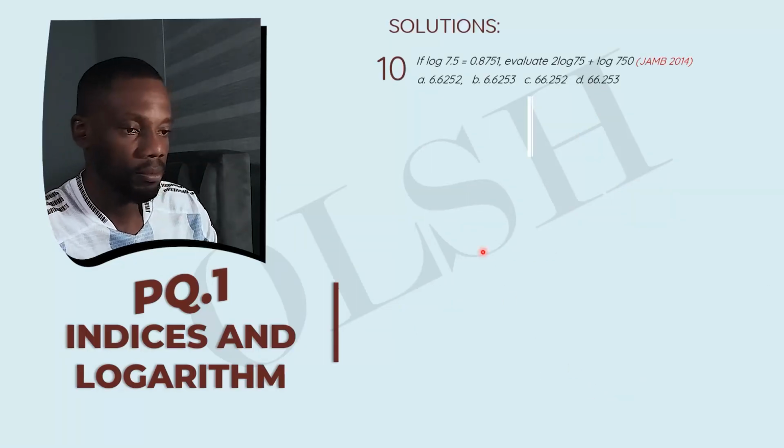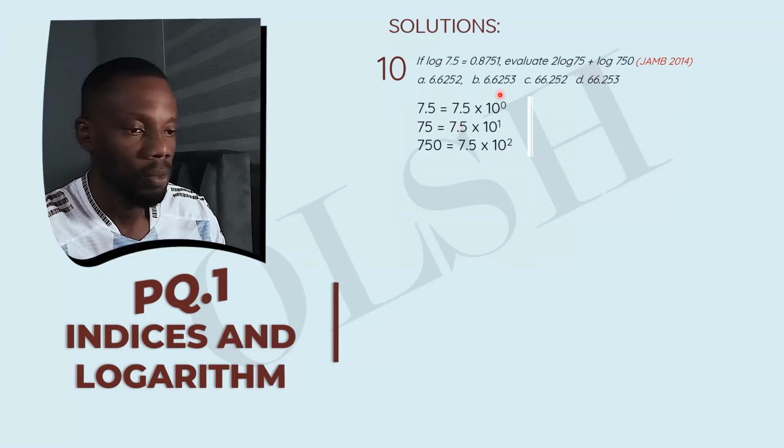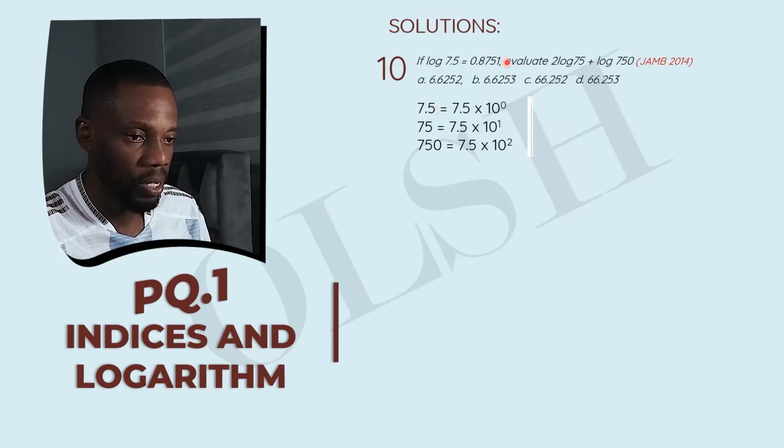So number 10, if log 7.5 is equal to 0.8751, evaluate 2 log 75 plus log 750. Basically we convert this to our standard form. Convert 750, 75 and 7.5 to standard form. So we have 7.5 to be 7.5 times 10 raised to the power 0.